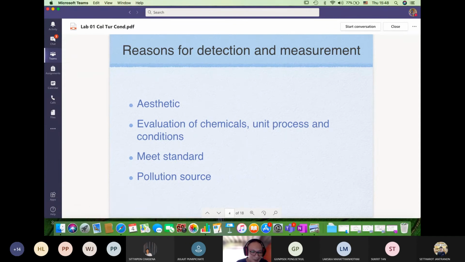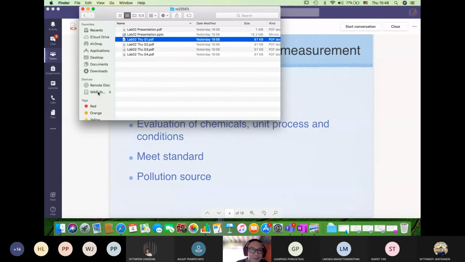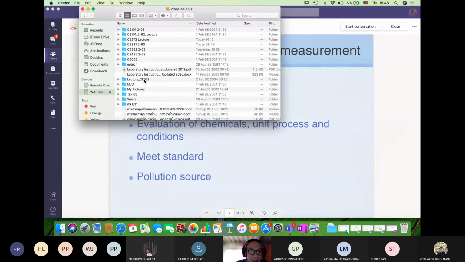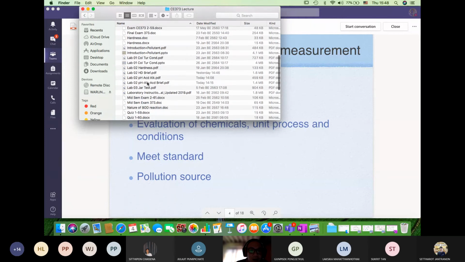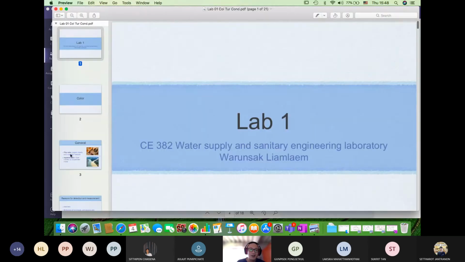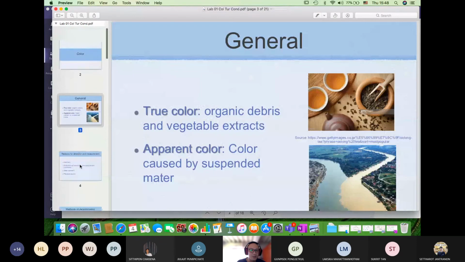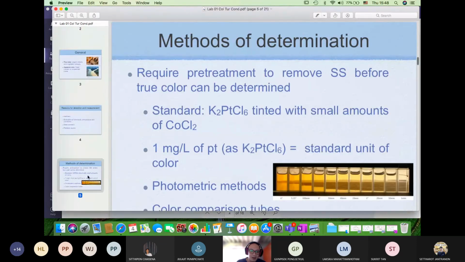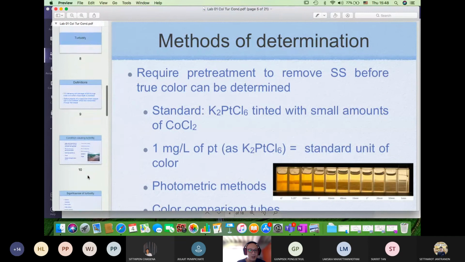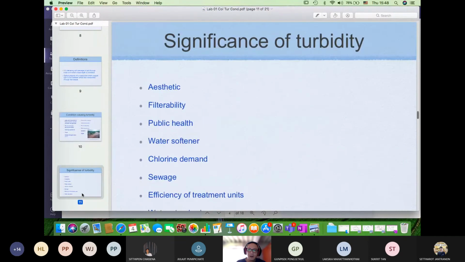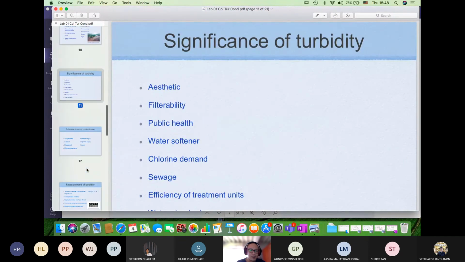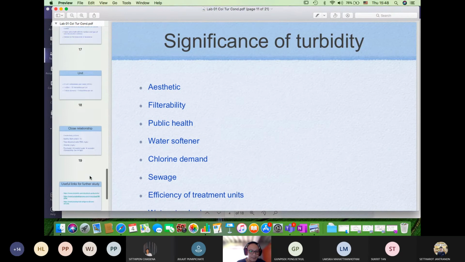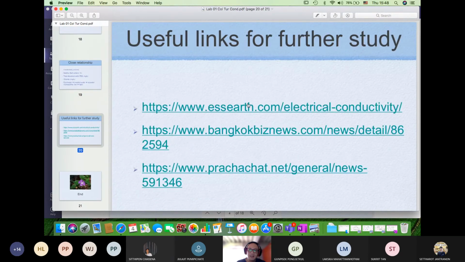This is not the updated one. Colors and conductivity, I think this is the updated one. I have put some photographs so that you can see for conductivity. Okay, this is the conductivity.